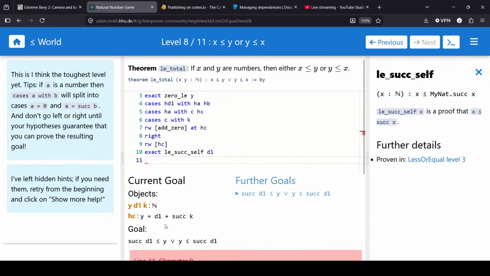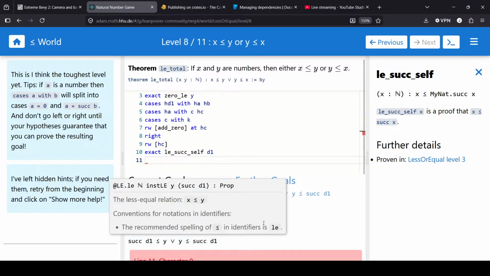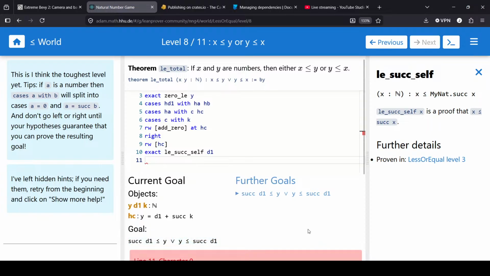So y is d1 plus successor of k. I don't know.